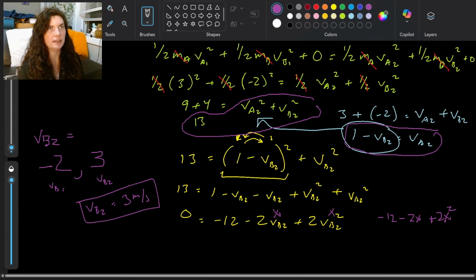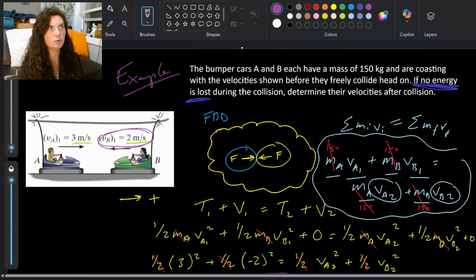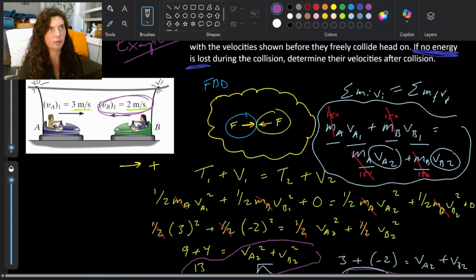And if I plug that into this guy over here, I'm going to get that my VA2 is negative 2 meters per second. So they essentially swap speeds, right? A was moving at positive 3, B was moving at negative 2, and they switch where A is now moving at negative 2, and B is moving at positive 3.